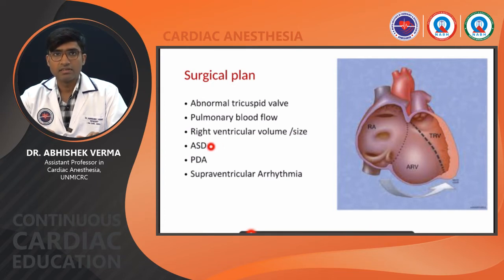And if there is an ASD and PDA present, we have to close it. And if there is a supraventricular arrhythmia, we have to manage it preoperatively, and we can also manage this supraventricular arrhythmia in the OT. We can do some maze procedure if there is an arrhythmia along with the surgery.